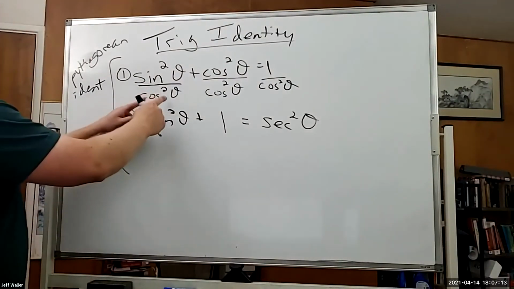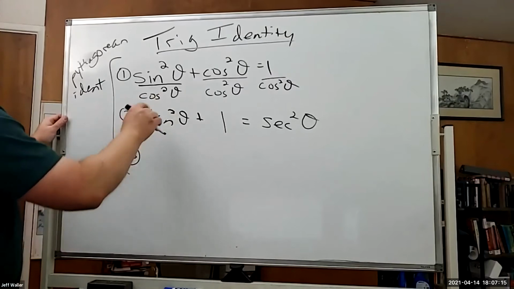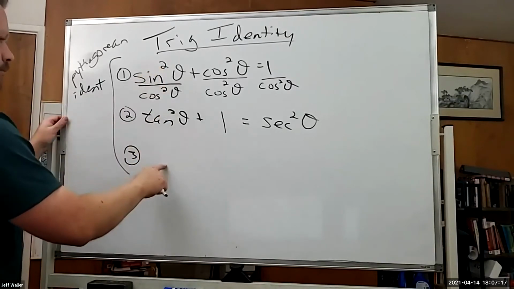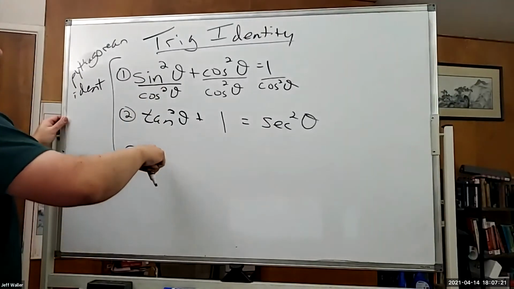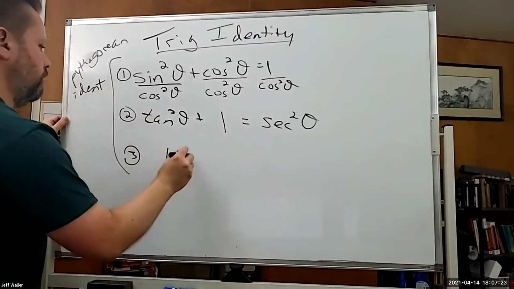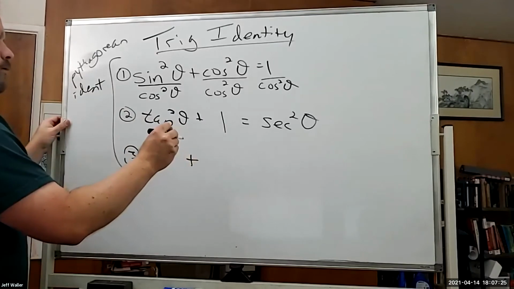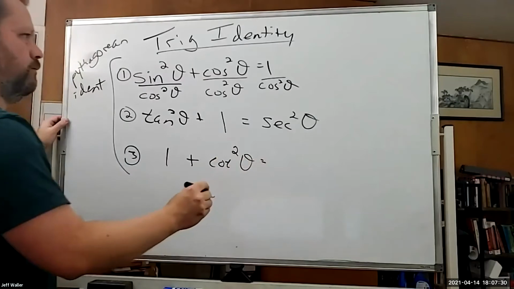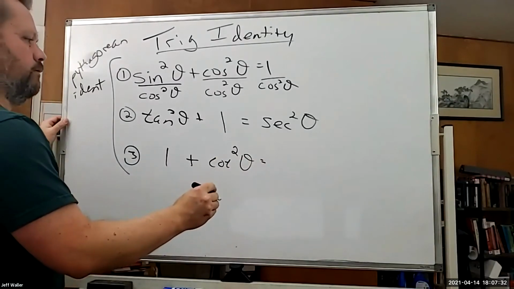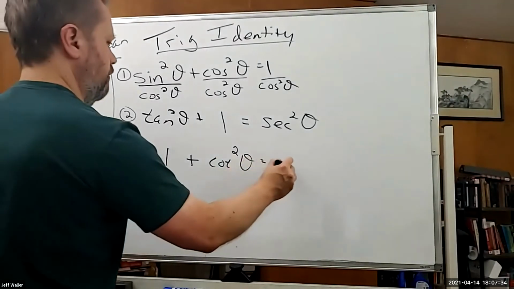So if you divide by sine squared instead, what are you guys getting? 1. Cotangent squared. Cosecant squared.